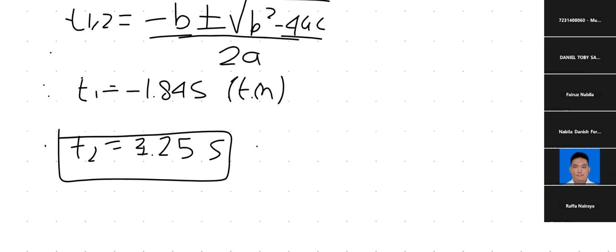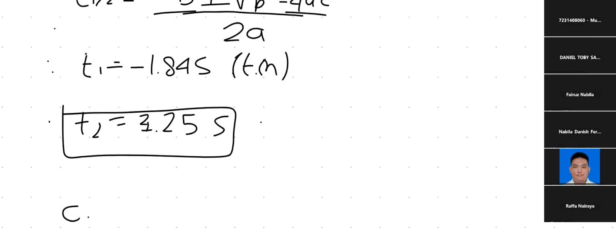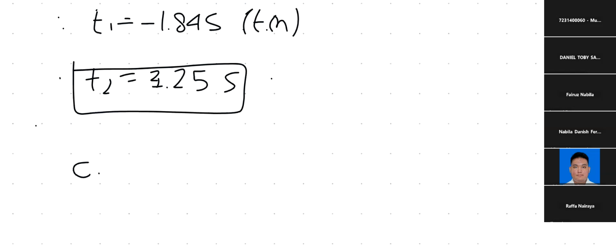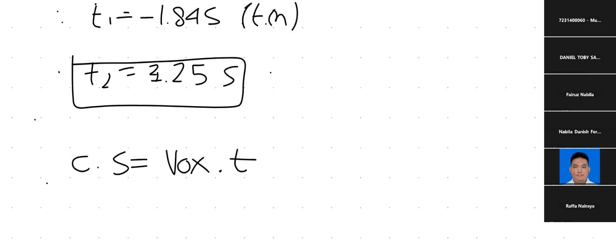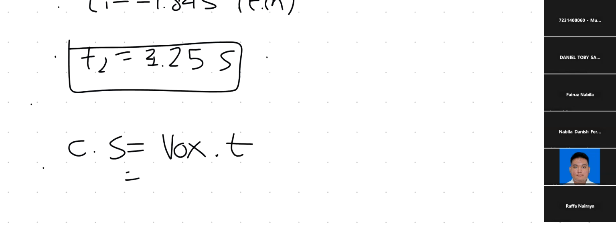Sekarang poin C. Hitunglah jarak horizontal yang dicapai bola dihitung dari lantai ke-8 menara. Ya udah, just plug it into the normal formula that you know. S sama final x by t. You know that the initial velocity is 10 and then the sine of 45, so projected to the x-axis, multiplied by the time, which is 3.25 seconds.